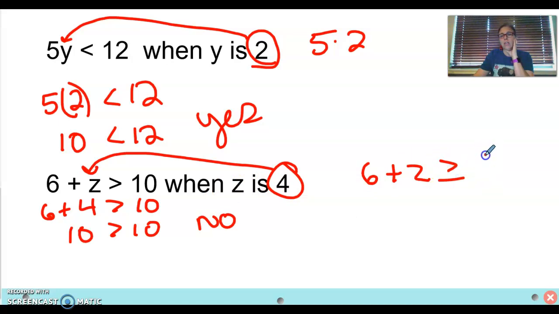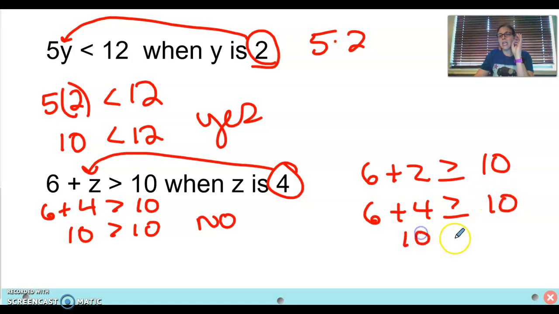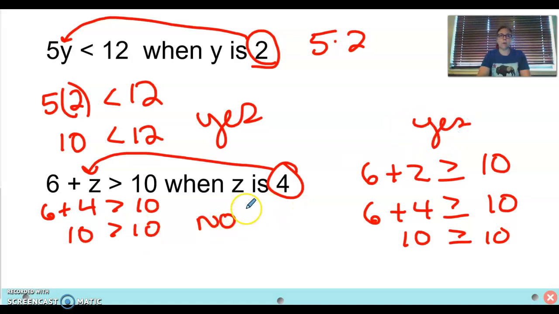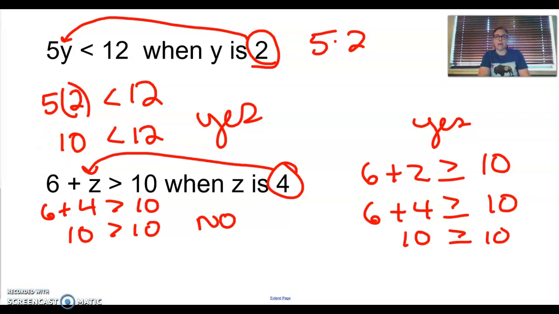Is it greater than or equal to 10? Or it could say less than or equal to 10. So then we put 6 plus 4. Is that greater than or equal to 10? Yes, it is. So this would be a yes, where this one over here would be a no. Okay? So that's where the greater than or equal to comes into play.